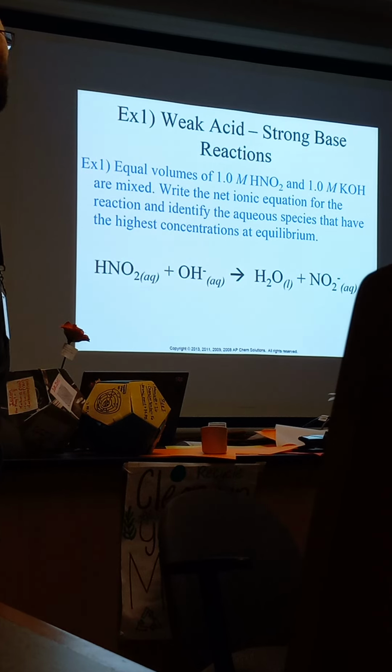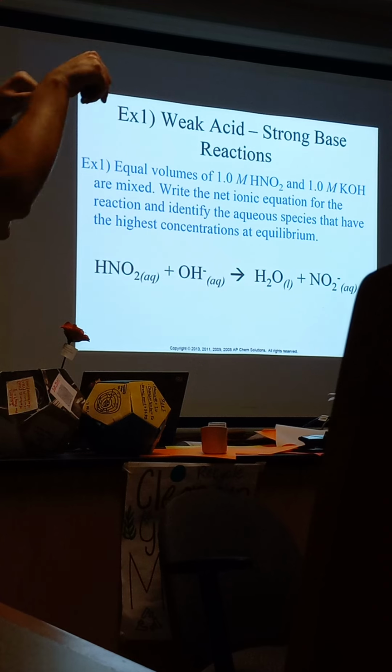However, what is missing from this because it's a net ionic? What is missing that would be present in the complete equation? K. And where would the K go? The KOH, right here and right here. But we don't put it there because it's a what equation?